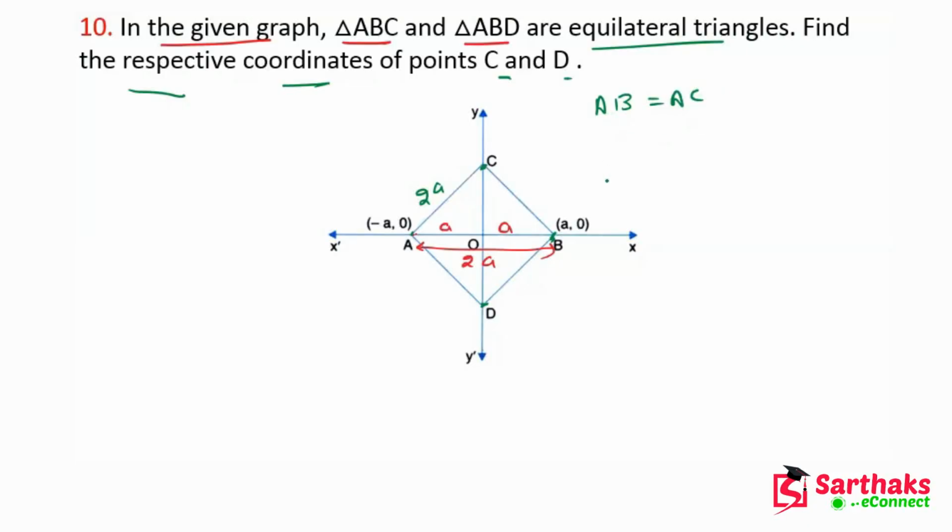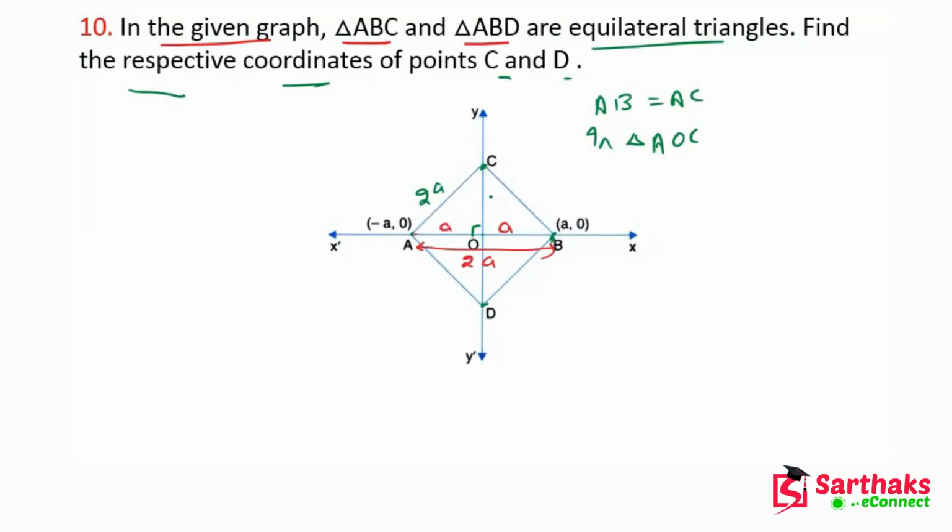Now in triangle AOC, this angle is 90 degrees, so this triangle is a right angle triangle. With the help of the Pythagoras theorem, we can find OC, which is our main target.